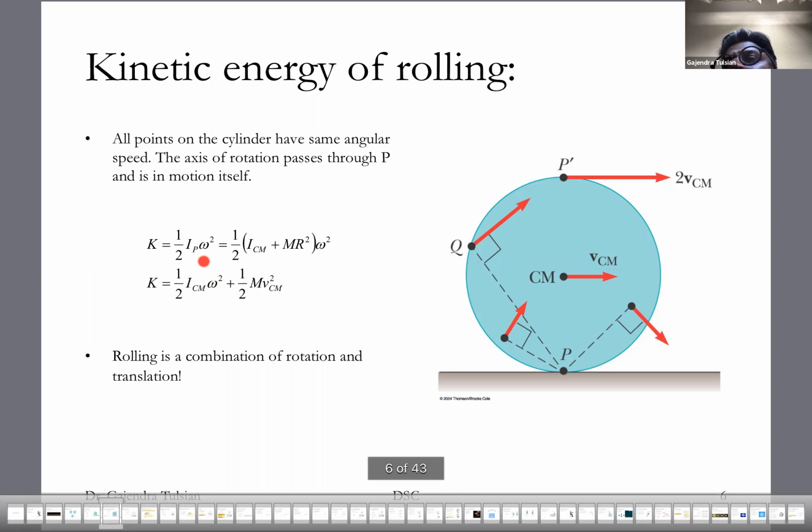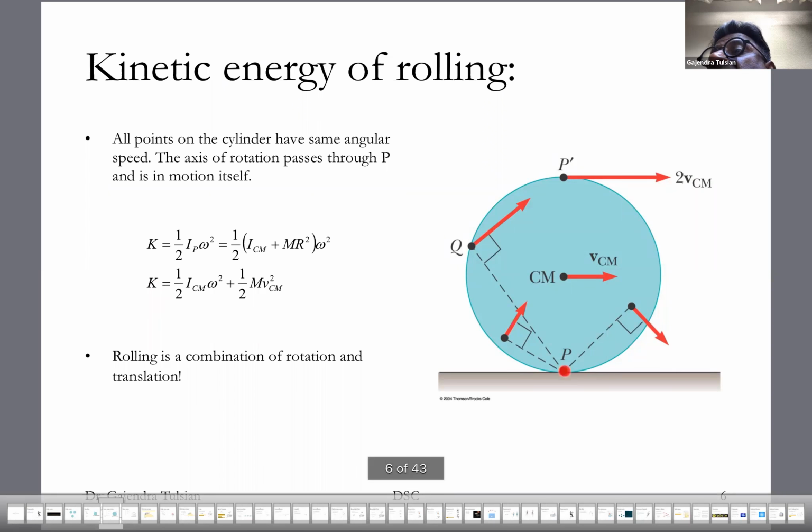It goes through the derivation. When the wheel rolls, the point of contact on the ground is fixed, and the wheel is rolling over that point of contact, and then you get a new point of contact that goes at rest. That's how the wheel rolls, and this expression is valid for a wheel that is rolling without slipping.